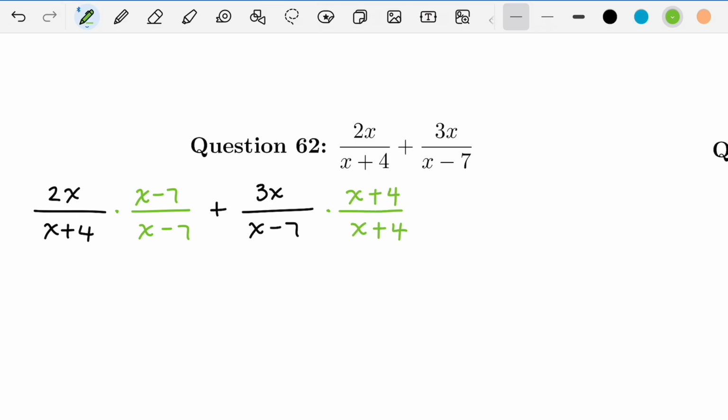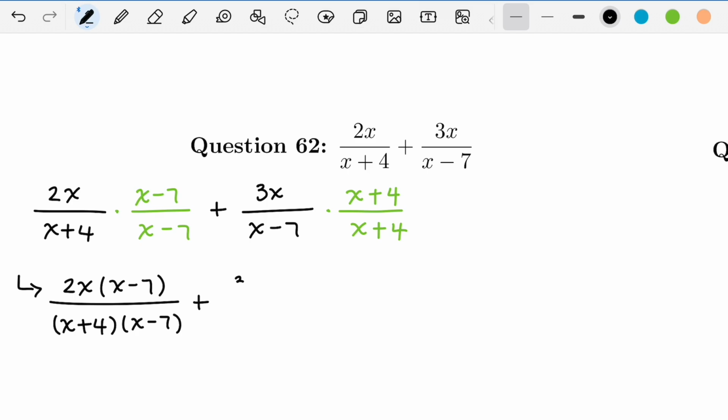So this is our new problem here. What we're going to do is multiply these guys out and simplify before we can add them together. So for our first expression here, we're going to have 2x times x minus 7. And then our denominator is going to become x plus 4 times x minus 7. Now for our second expression, we're going to get 3x times x plus 4.